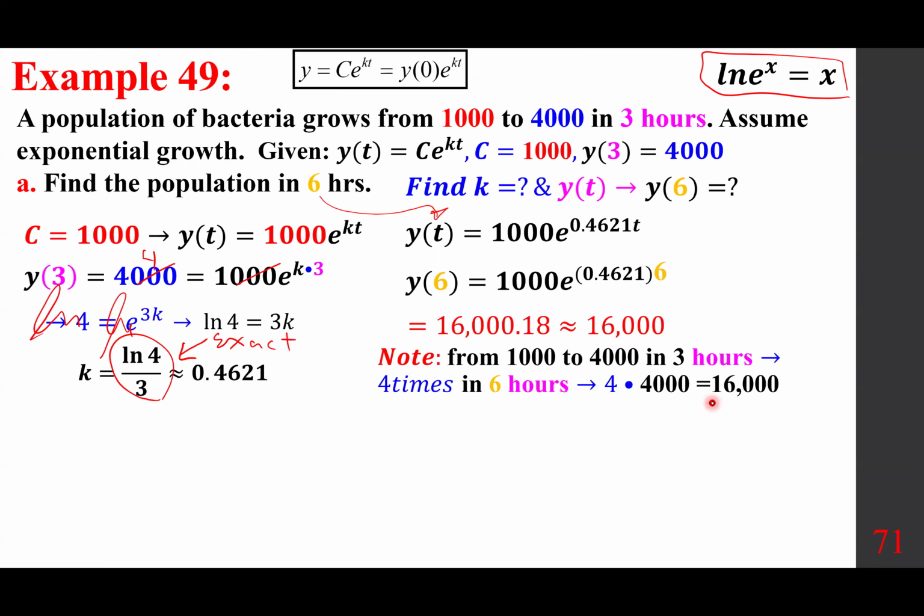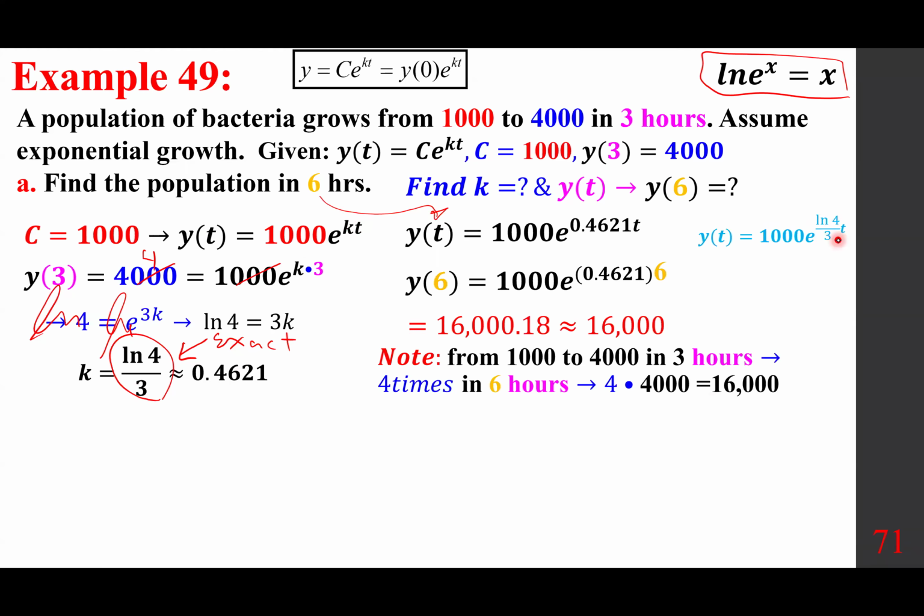okay? Now, the next one is to write this with an exact answer. So as we go back to the equation here, y of t is 1,000 e to the power of kt. Instead of k being 0.4621, let's go with ln 4 over 3. Exact answer. And I'm going to separate this into ln 4 times 1/3 t, or t thirds.